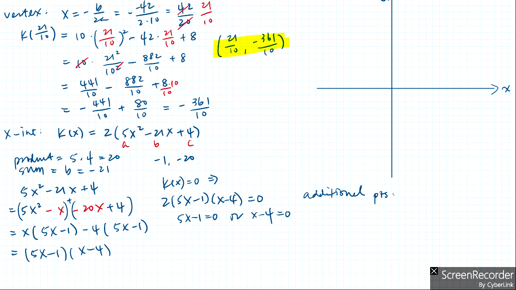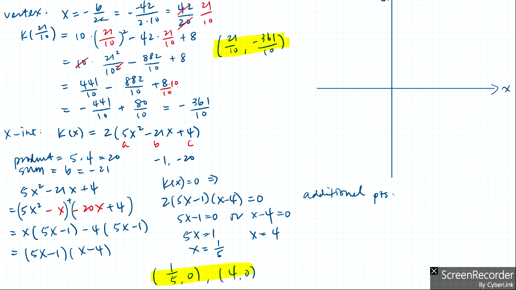So that 2 can essentially be divided away on both sides, because we know that's not 0. And that gives us 5x equals 1 and x equals 1/5. The other one gives us x equals 4. Therefore, the x-intercepts are (1/5, 0) and (4, 0). These are the x-intercepts we have.